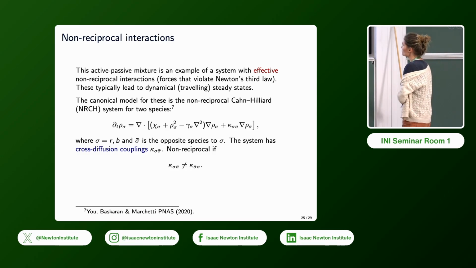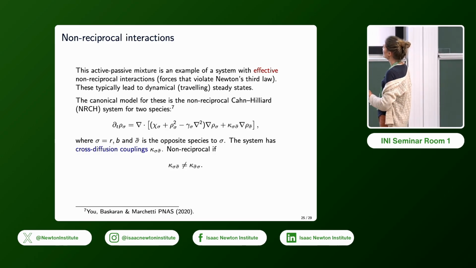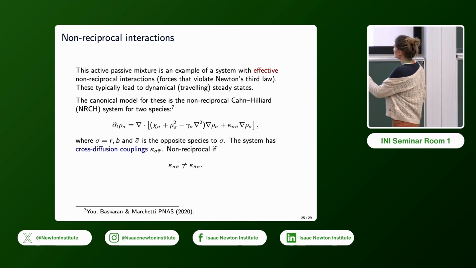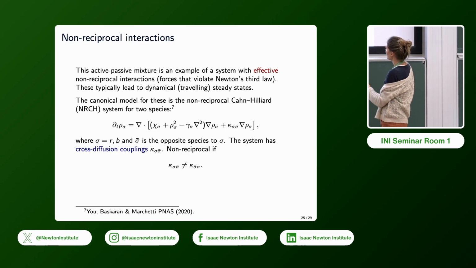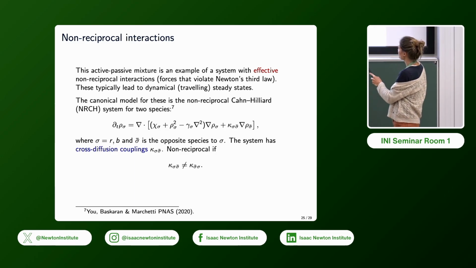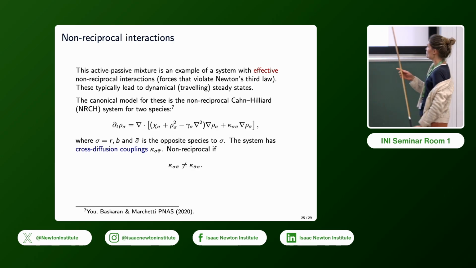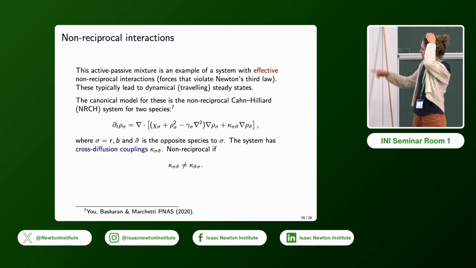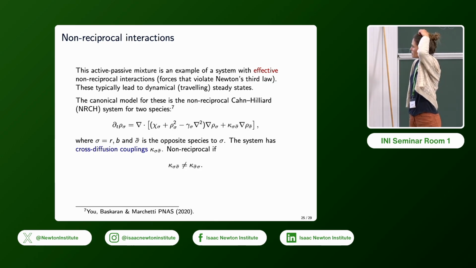And here I just wanted to mention that the canonical model to study these things is where you take a Cahn-Hilliard system and then couple them through some cross diffusion terms. If you make these cross diffusion terms different, that's how they introduce non-reciprocity in this paper here, from the group of Marchetti.